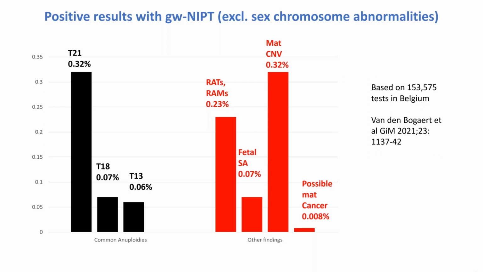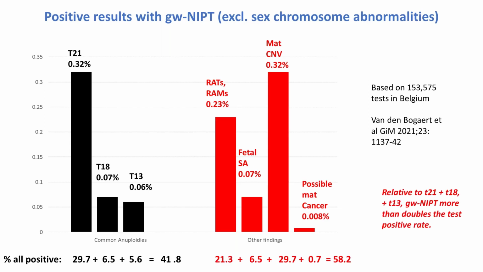And then you're also going to pick up a very few cases with a very complicated chromosome complement that could possibly be associated with maternal cancer. If you add up all these three red frequencies, you're roughly doubling the number of tests that are positive. Now, again, I'm emphasizing that you're not picking up twice as many abnormalities.